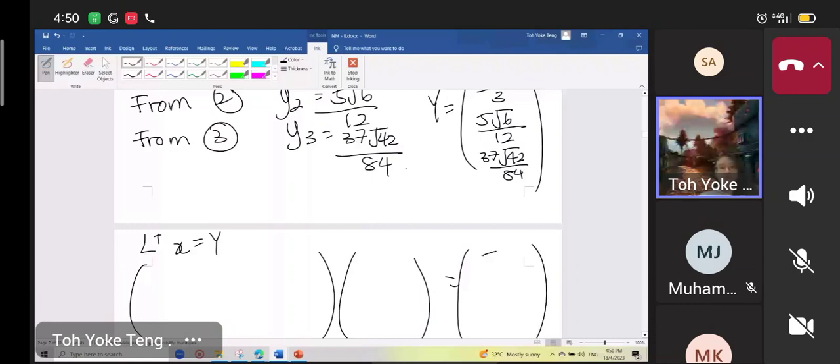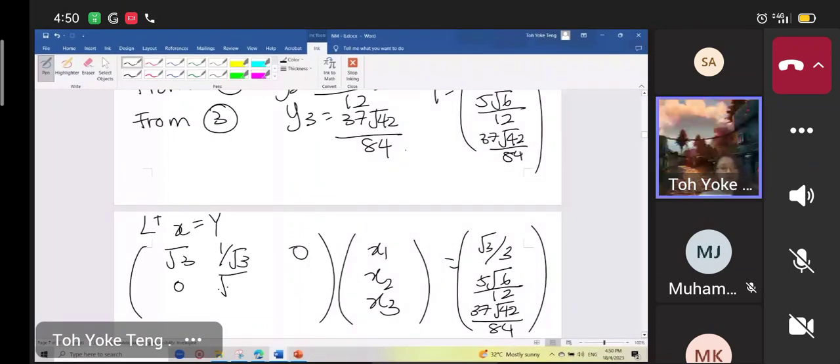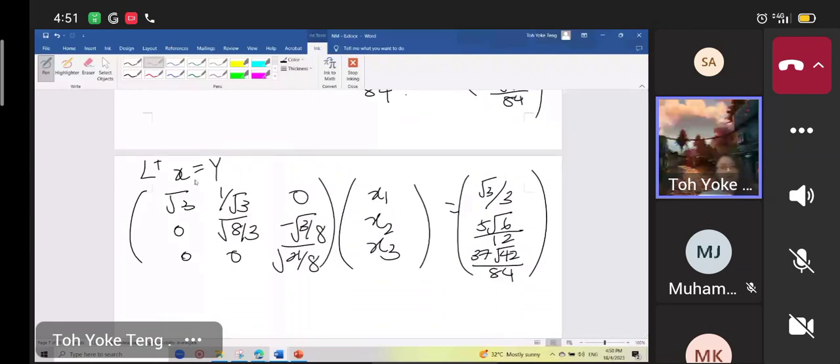So this part just write it down from the previous one. Then this one is x1, x2, x3. So for the transpose, just the same thing, write it down here. Again, once you write it down, this one is x1, x2, x3.